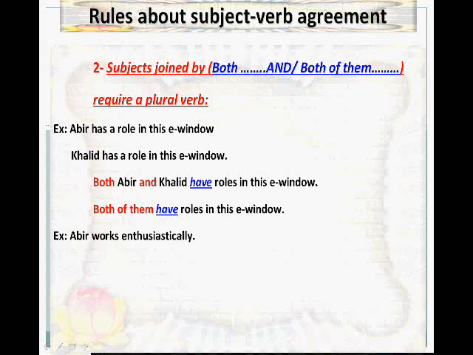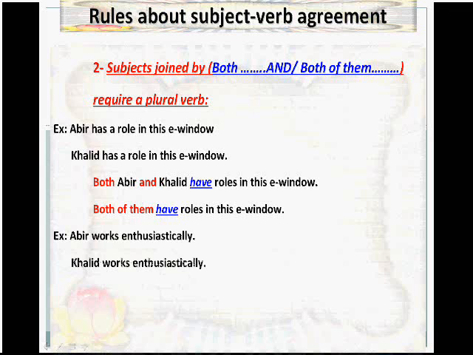Another example, Abir works enthusiastically. Khalid works enthusiastically. So Abir here is the subject, again singular. Then the verb, the main verb works, should also be singular. Then I put S at the end of the word because this is the singular form of the verb in the present simple tense.